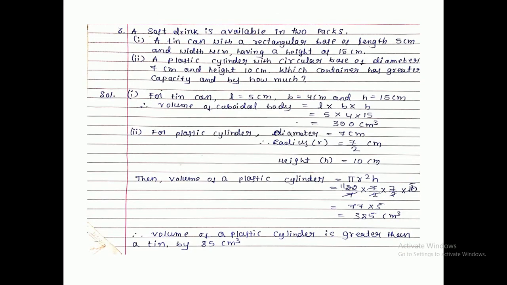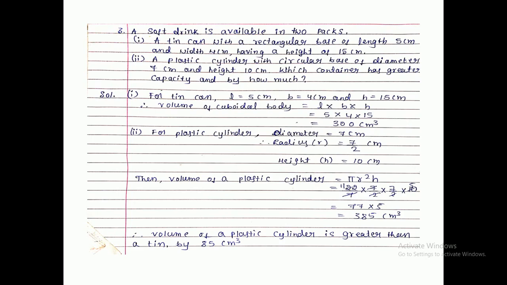Yes. Now third question. It's an easy problem. A soft drink is available in 2 packs. First question: a tin can with a rectangular base of length 5 centimeter and width 4 centimeter and having a height of 15 centimeter. Got the idea of this first question? So it's a cylinder, volume of cylinder concept. But here is a comparison problem, cylinder and cuboid.